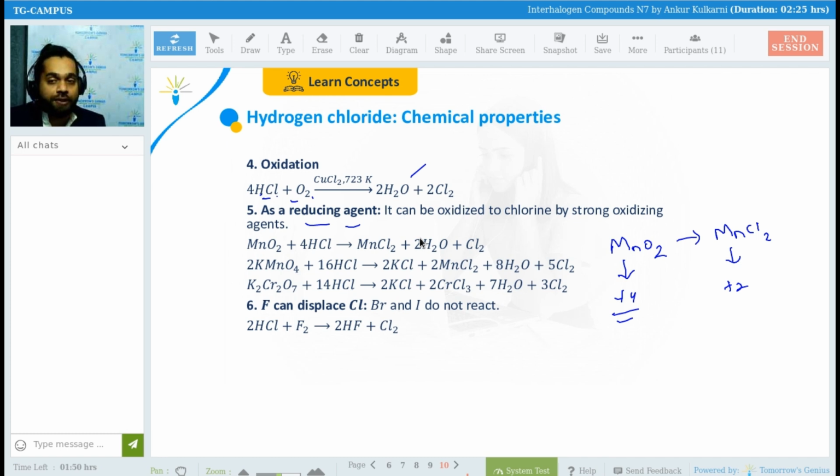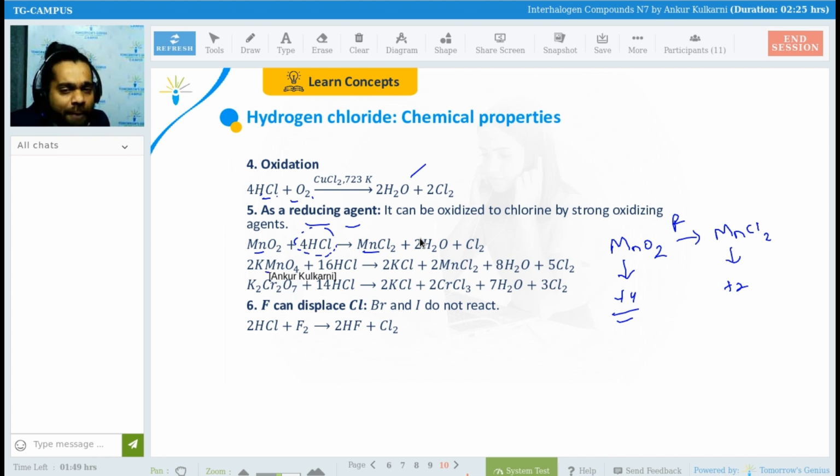Is it oxidation or is it reduction? Perfect. It is nothing but reduction. So your MnO2 is undergoing reduction, and you are getting MnCl2. So who is doing the reduction? Your HCl is responsible for the reduction. Hence, we call it a reducing agent.